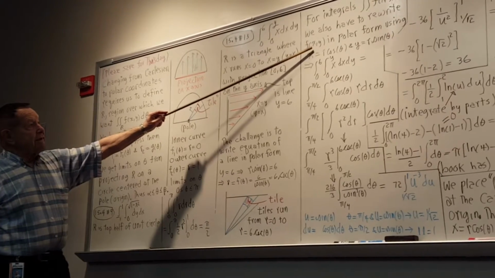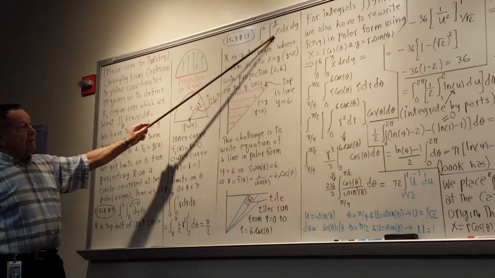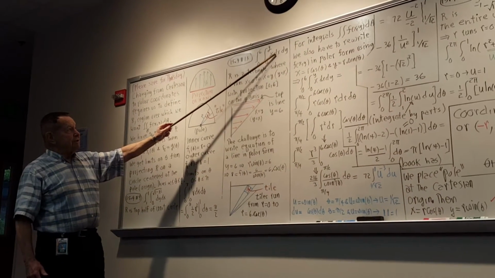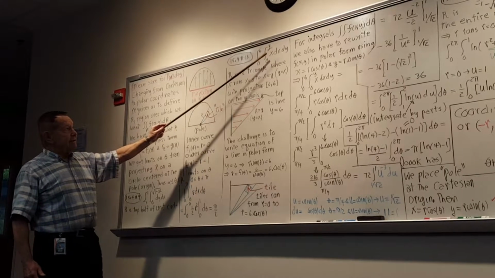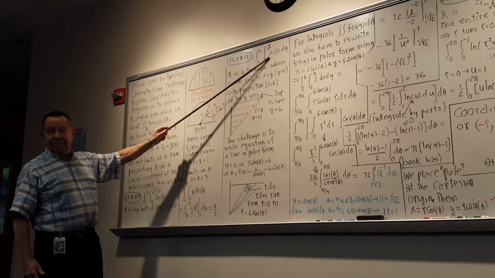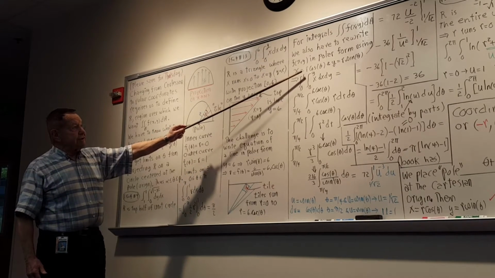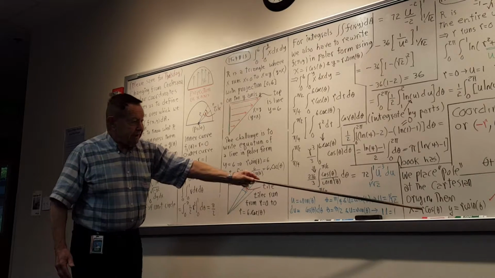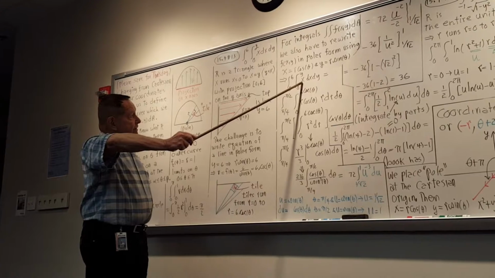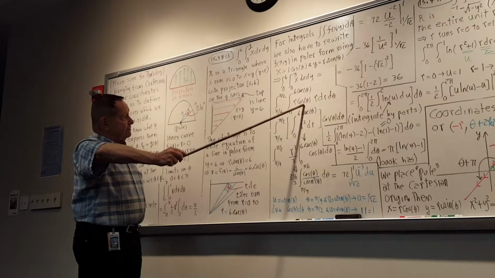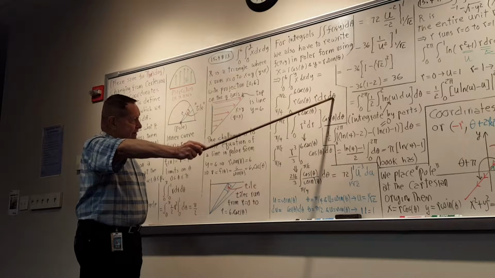So we also have to rewrite the function here in polar form. If you're changing the dx dy to r dr d theta, you can't leave the x alone either. So you also change the x into r cosine theta. So then this x is r cosine theta, dx dy is r dr d theta.